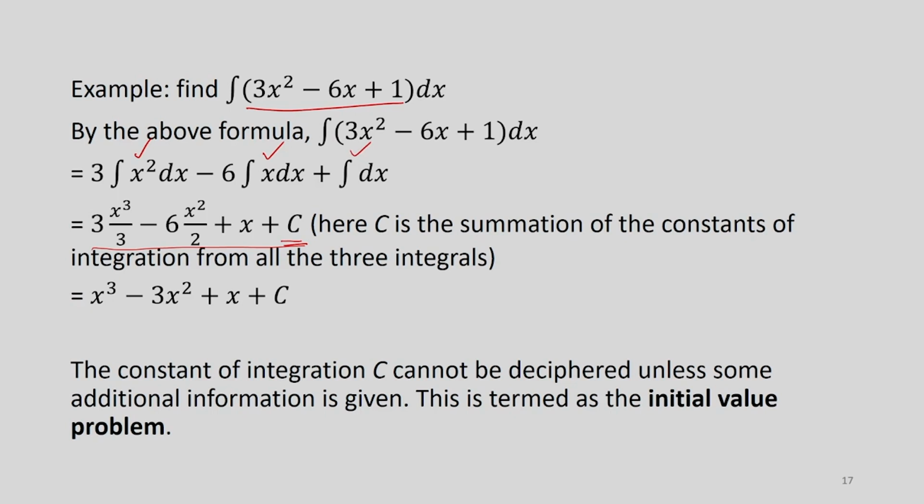What we have done is that I have assumed that this single constant is the summation of all these 3 constants. Okay, since these are arbitrary constants, I can do that because c is undefined, it is just a constant. Alright, in the next step I am simplifying this, 3 and 3 will get cancelled. So, only x cube minus 3x square plus x plus the constant of integration.